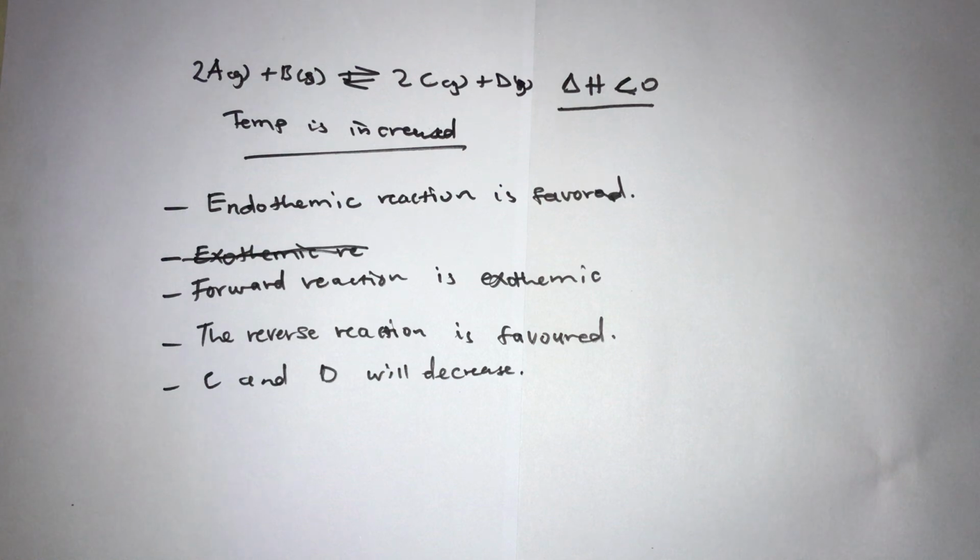If the condition is less than 0, forward reaction is exothermic. If the condition is greater than 0, forward reaction is endothermic. That is point number 2. Point number 1, you don't check anything, you just go straight: increasing the temperature, endothermic reaction is favored; decreasing the temperature, exothermic reaction is favored. So for now, let's just cut it there.